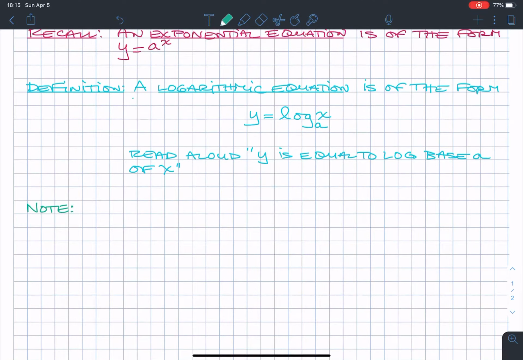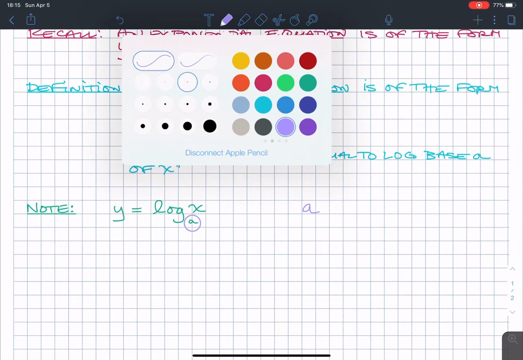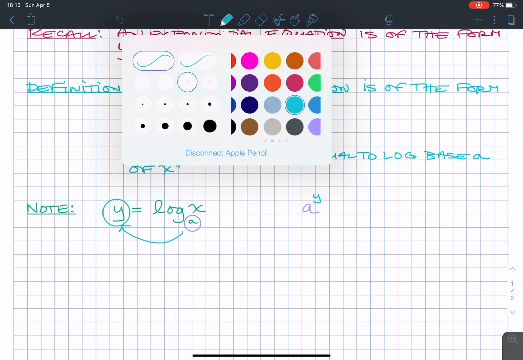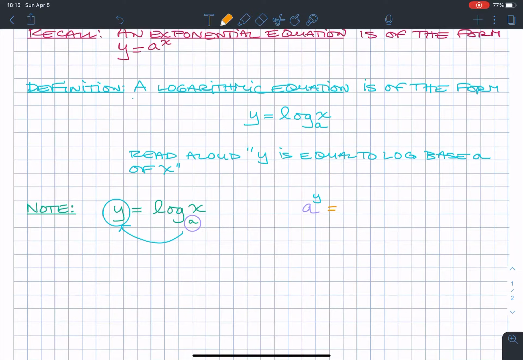So note, if I have y is equal to log base a of x, then this is equivalent to, starting down here, a, and coming over here, raised to the y is equal to, coming around here, x.